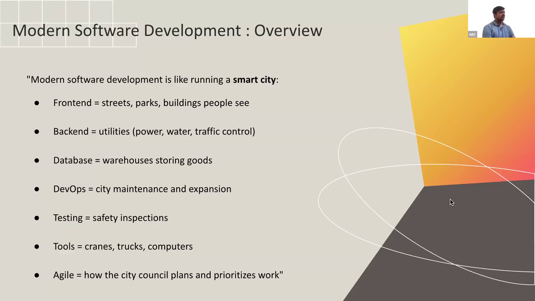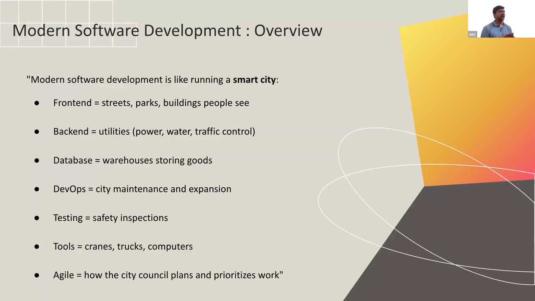So modern software development is really something like running a smart city. If there is a big project, we will need something over which users will interact. If this analogy is applied to a smart city, then all the streets, parks, and buildings are really something like the front end, the things that people use, right?